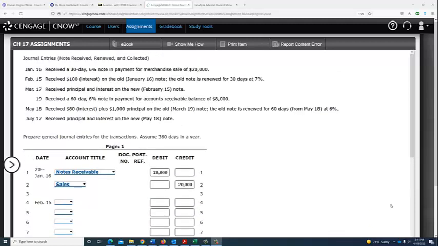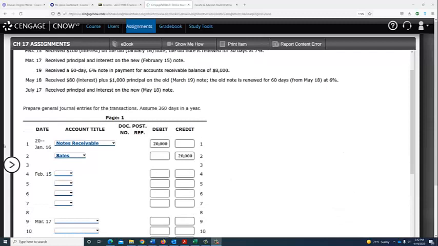Next, on February 15th, we received $100 interest on the old note, and the old note is renewed for 30 days at 7%. Okay, so we've got two things happening. We're collecting interest income, and we're also renewing the note, and we're going to do that in a compound entry.